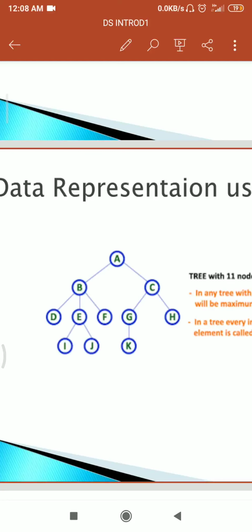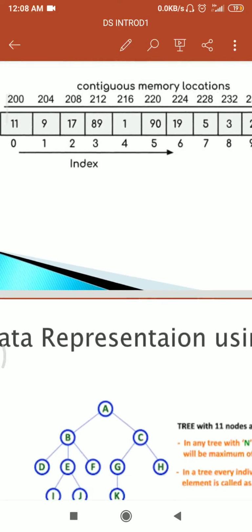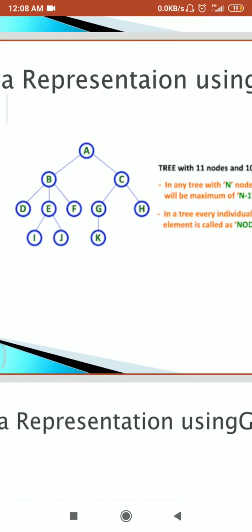These are not located in continuous locations. The data is scattered at particular addresses. Before, we discussed 200, 204, 208, but here it is not the same. It might be 200, 300, 706, different kinds of hexadecimal values.